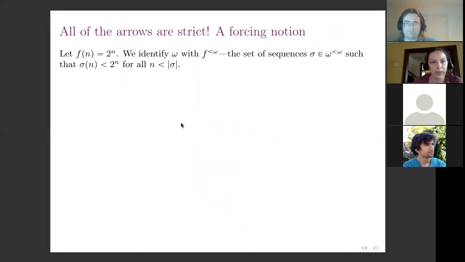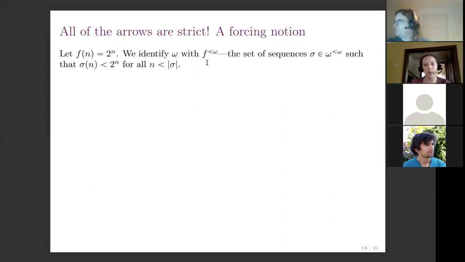I'll try to be quick here. I'll skip a proof, but let me just tell you, we use the same kind of forcing notion to get all these separations. So let me briefly describe what the forcing notion is. We identify omega with finite strings that have the following form.